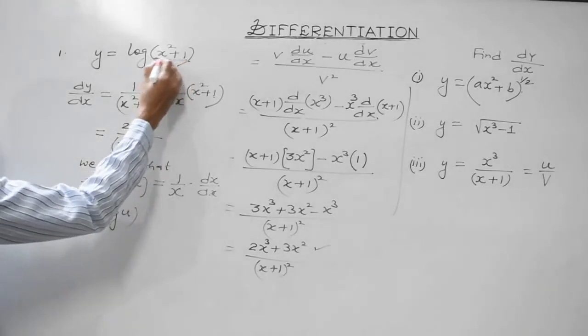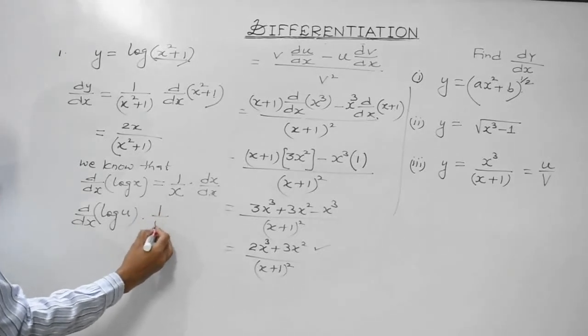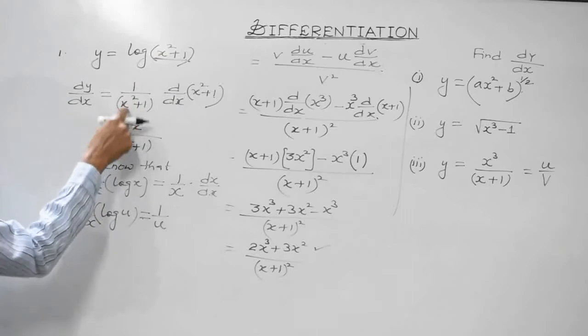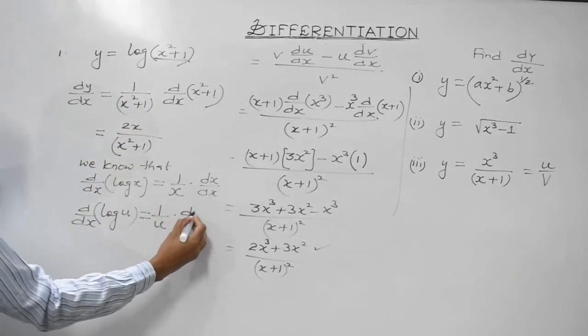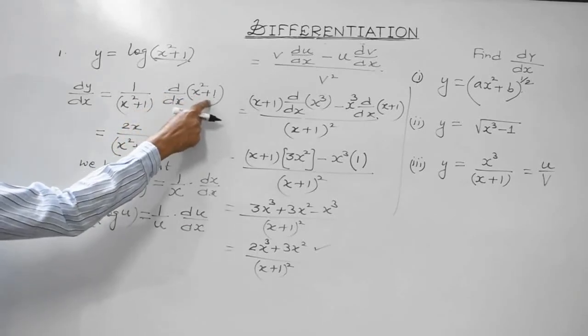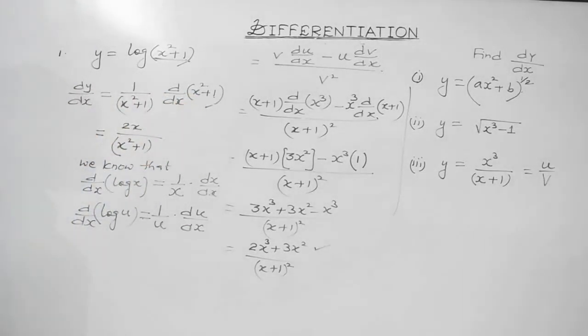Over here I consider this to be equal to 1 by u, that is what I have done over here, 1 by u into differentiation of u with respect to x. Right? So this is the concept which I have made use of. So these are the questions which can be done directly without using the chain rule, isn't it?